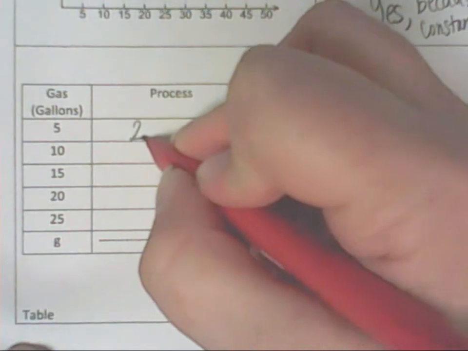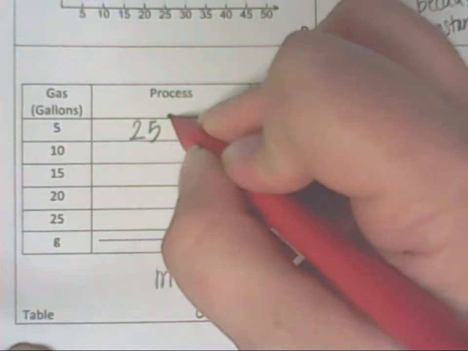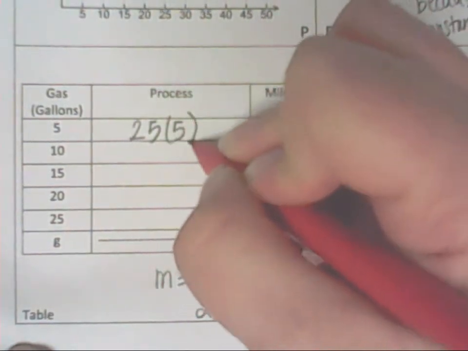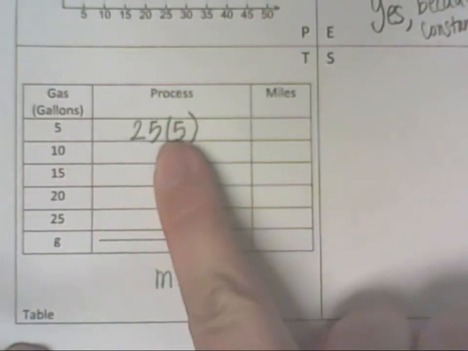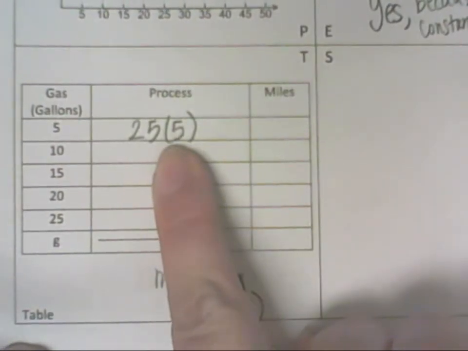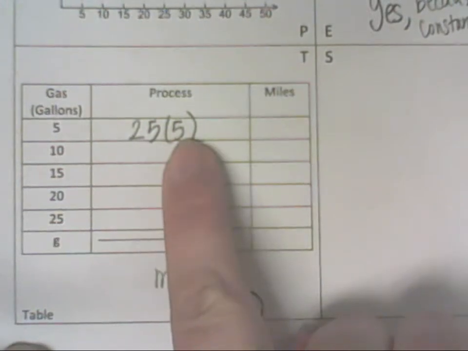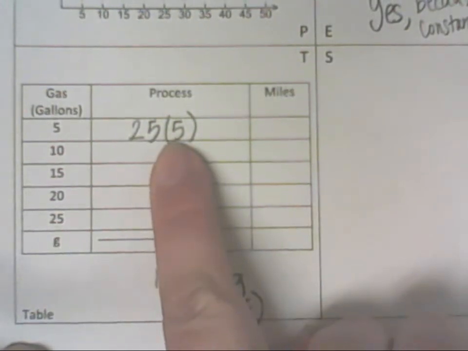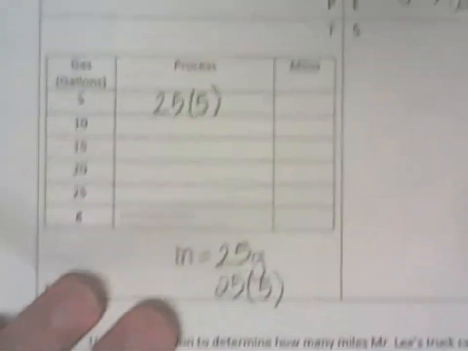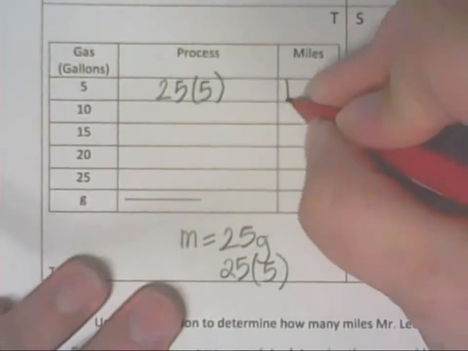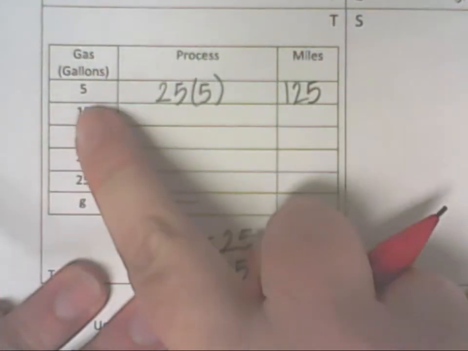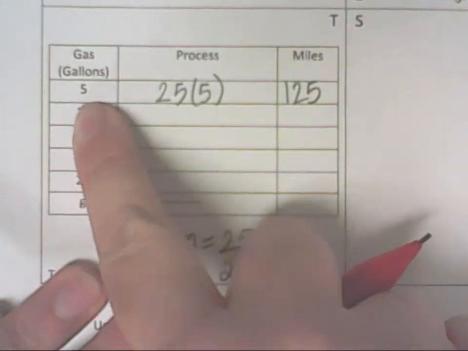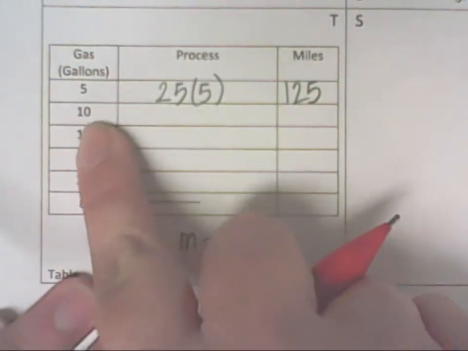So I'm going to write the process in my table. 25 times 5. Okay, we could work this out to the side, or we could think about 5 quarters. What is the value of 5 quarters? Yes, 125 miles is how much we would travel if we have 5 gallons of gas.